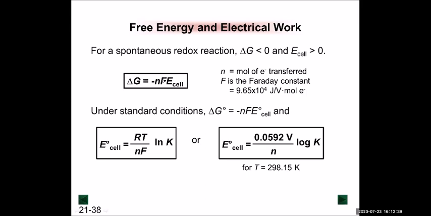Later we'll find out this Faraday's constant is basically the ratio between the Coulomb, which counts how many electrons, and the mole. We'll see that later; it is 96,500. So the number of electrons times Faraday's constant times the cell potential gives you the free energy change for the reaction. We have the negative in front because the cell potential should be positive. If the cell potential is positive, the delta G will be negative.